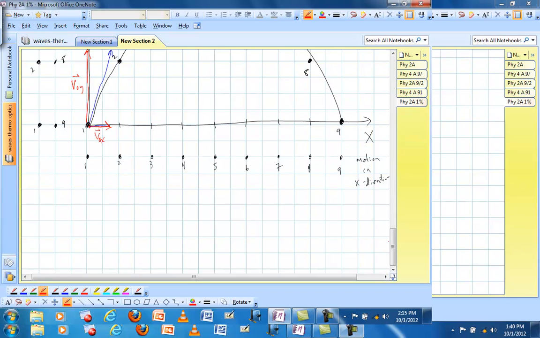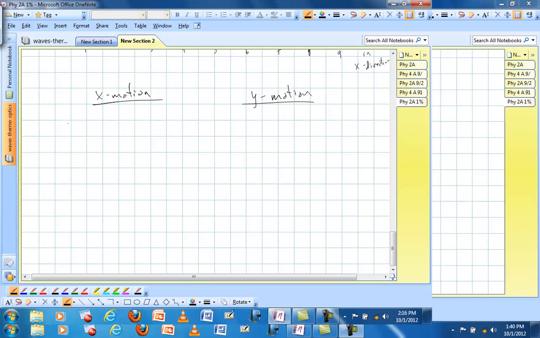So if we were solving a kinematics problem, we could break it up into x motion and y motion. You define your origin, and you define your positive directions, and then you fill in this chart: x initial, x final. That gives you the change in position in the x direction. V initial and V final in the x direction, acceleration and time.